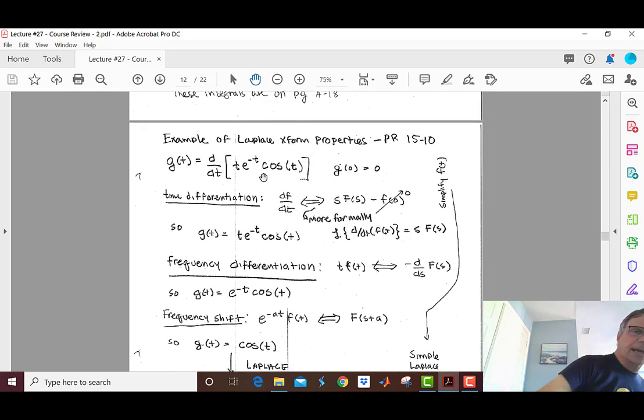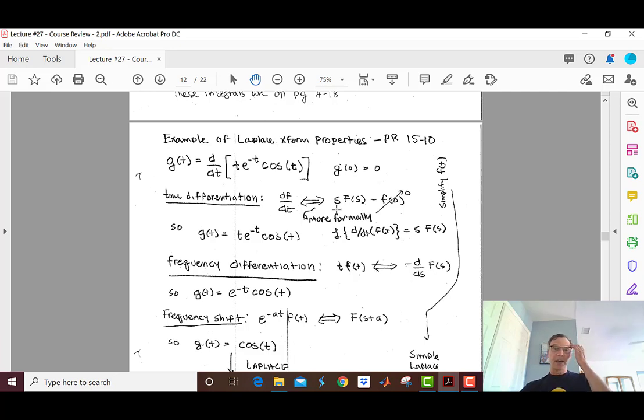It's not actually ugly, it's beautiful. So our first property we're going to use is time differentiation, which says that if I have df/dt, or in other words, the derivative of some function with respect to time, what I can do is get the Laplace transform of just the function and multiply it by s.